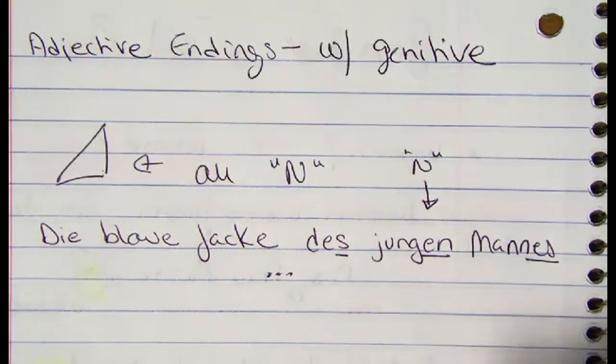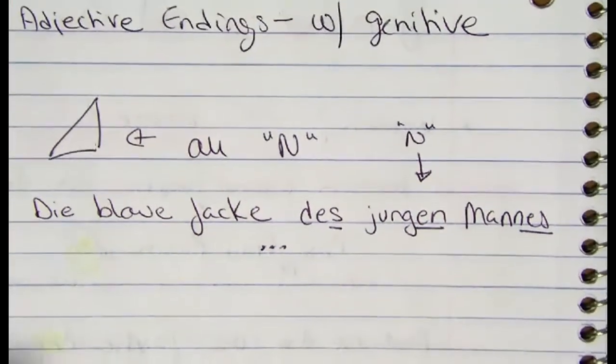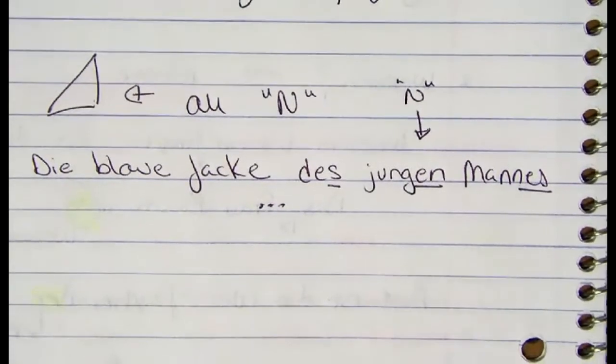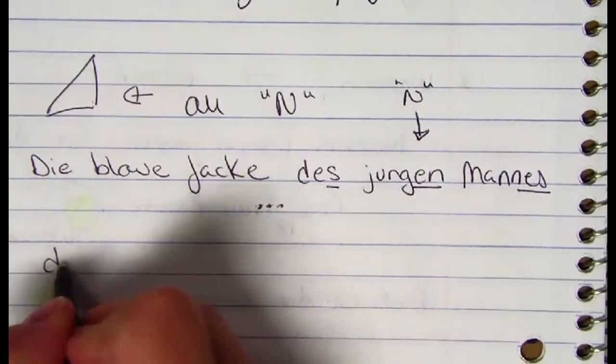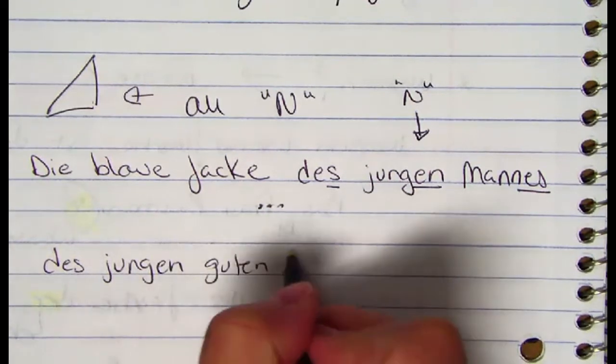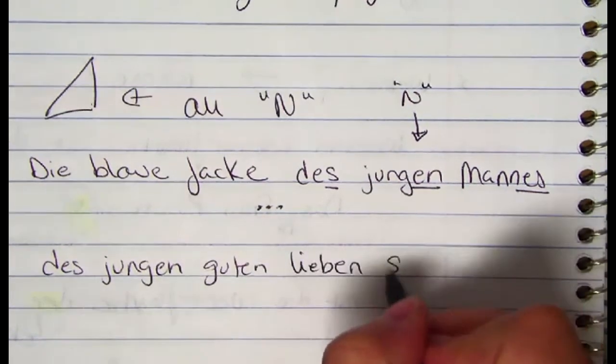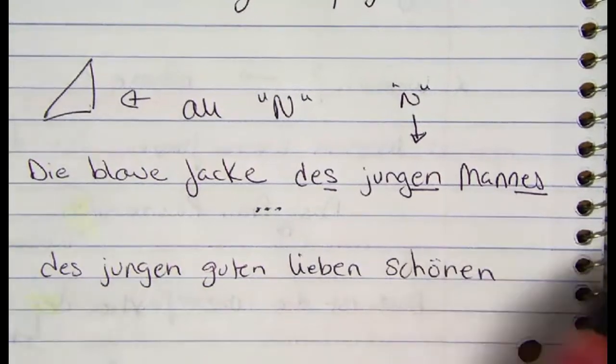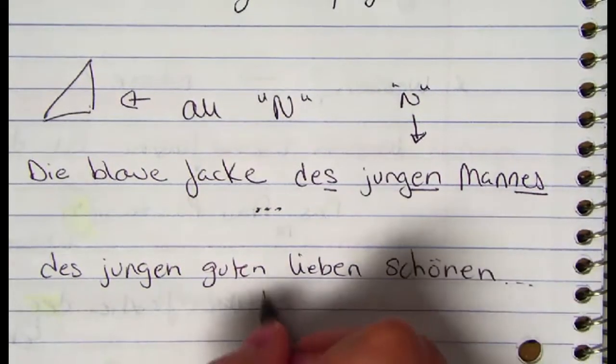Now remember, whenever you have more than one adjective, they all follow the same ending. So I can make this des Jungen, guten, lieben, schönen. Doesn't matter how many I do, keep going forever, Mannes.